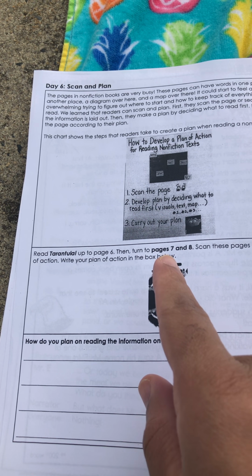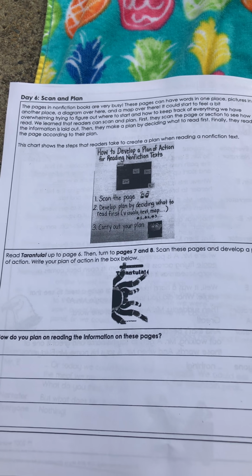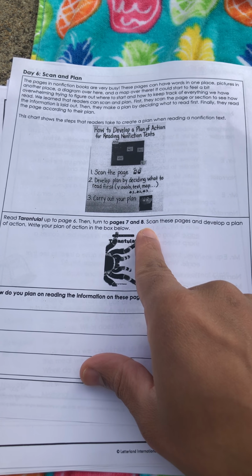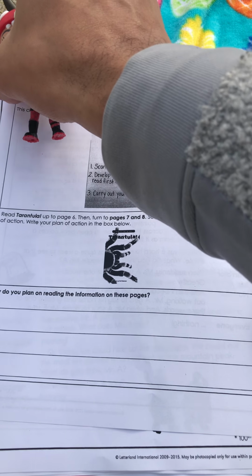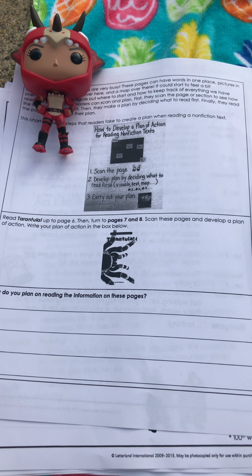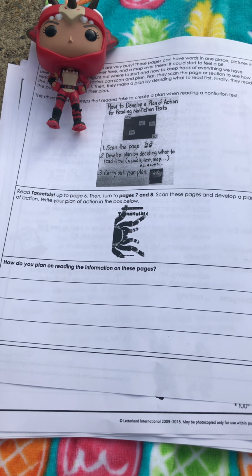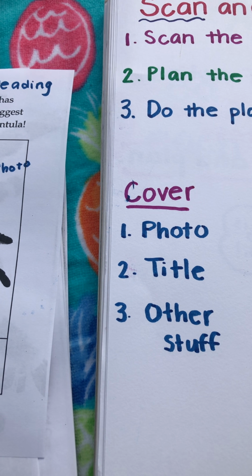Then, when you turn to pages 7 and 8, you're going to use the scan and plan strategy. You're going to scan pages 7 and 8, develop a plan, and then write your plan in this box below. When it asks you to write your plan, something just like this is all that you need.